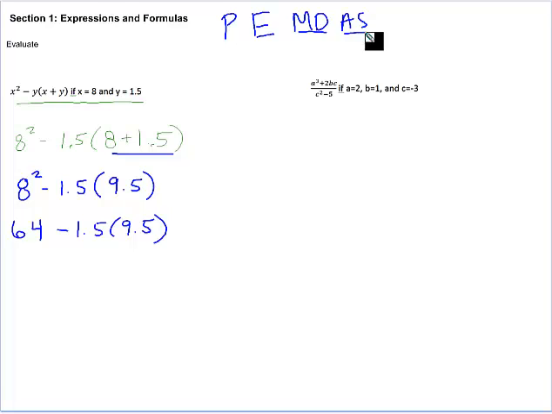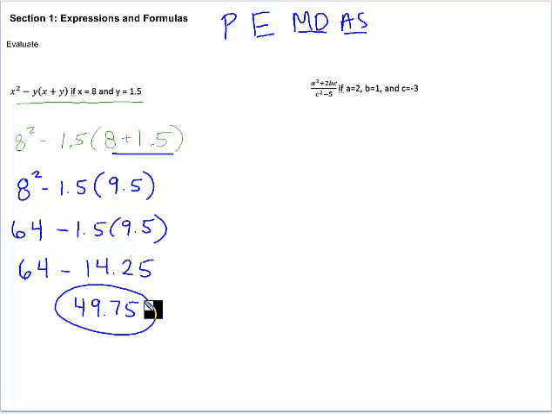Now we can multiply our 1.5 times our 9.5. That gives us 14.25. So we have 64 minus 14.25, and then we can subtract 14.25 from 64 to get 49.75, and this is evaluated. Notice here, when we started off, we had a value y of 1.5. This is written in a decimal.